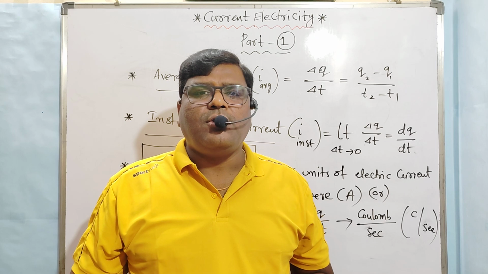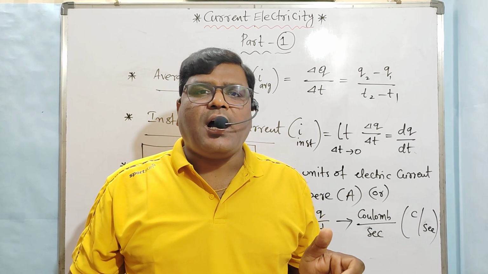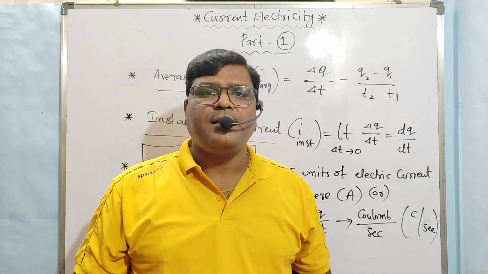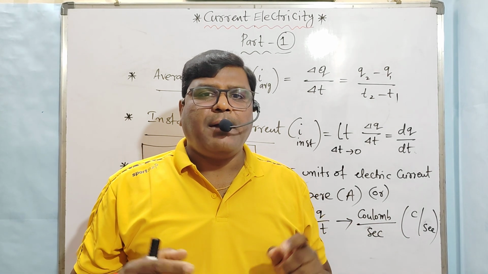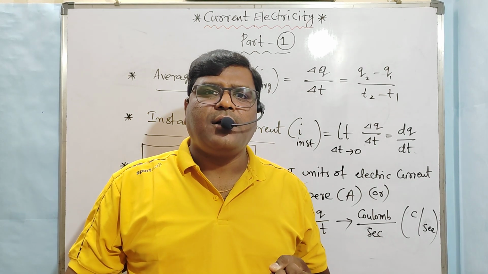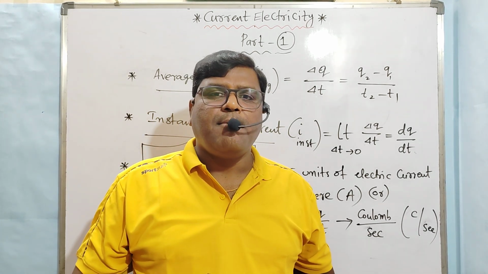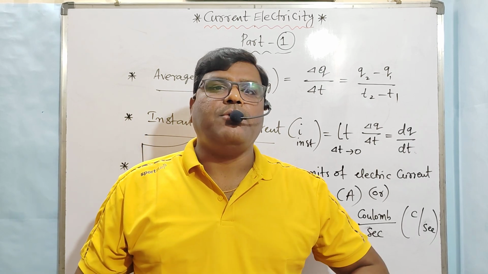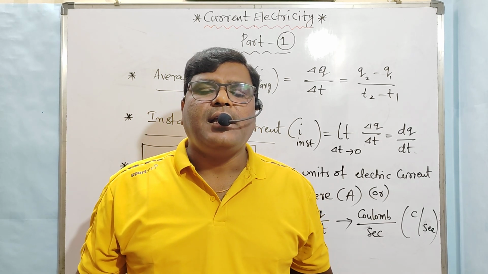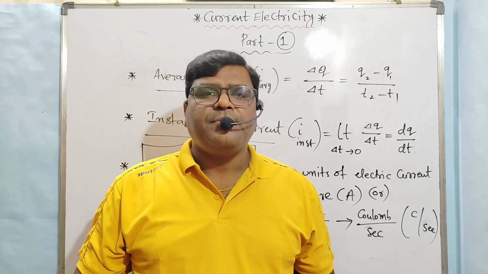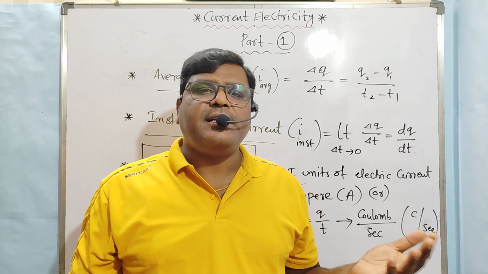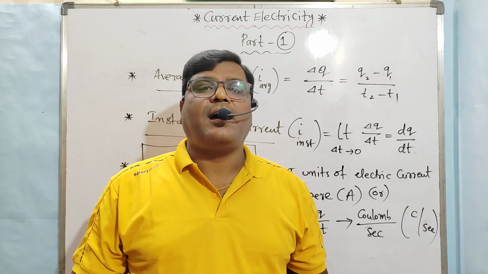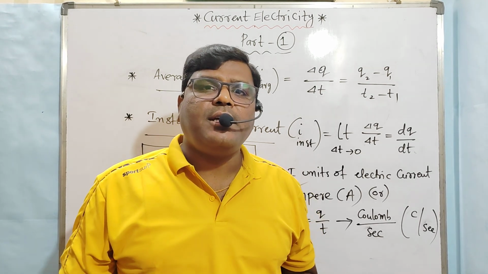Any physical quantity which has magnitude as well as direction is called a vector quantity. But although electric current has a magnitude and a specific direction, it is not a vector quantity, it is a scalar quantity.